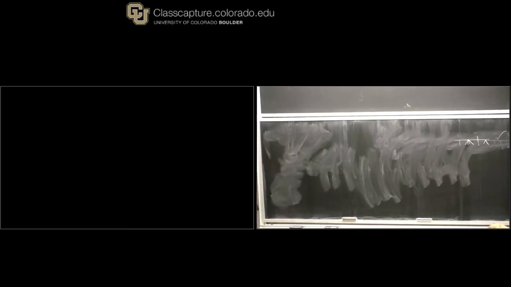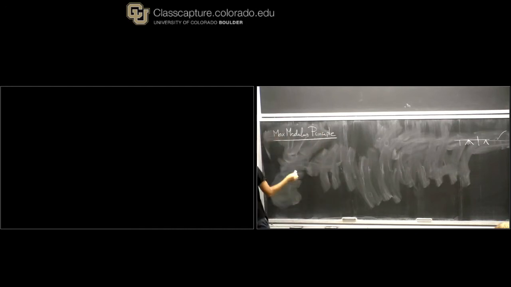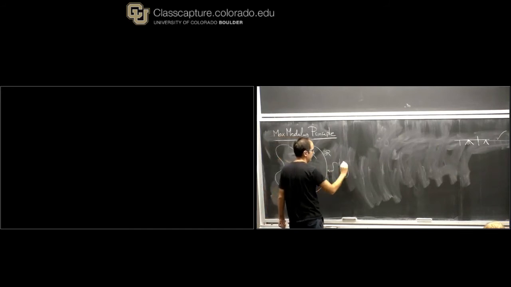Okay, so we'll do complex analysis, and I would like to recall a couple of simple things about complex analysis. The first thing is something called the maximum modulus principle. The maximum modulus principle states that suppose I have a region R, and there is a boundary of that region R. And at the boundary, my function is bounded.